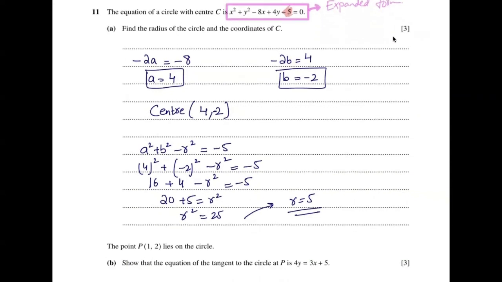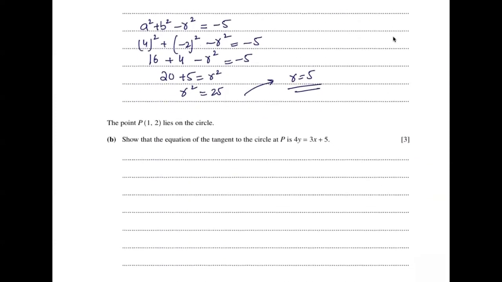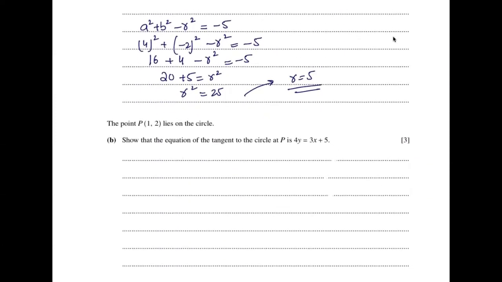Okay. Now the second part says the point P (1, 2) lies on the circle. So we have a circle and the point P lies on the circle at (1, 2). Show that the equation of the tangent to the circle at P is 4y equals 3x plus 5.